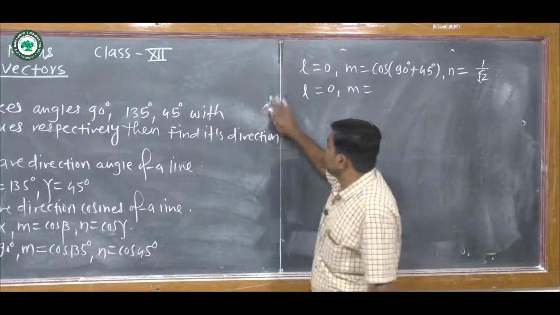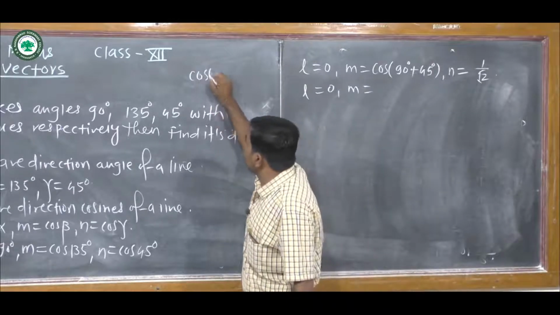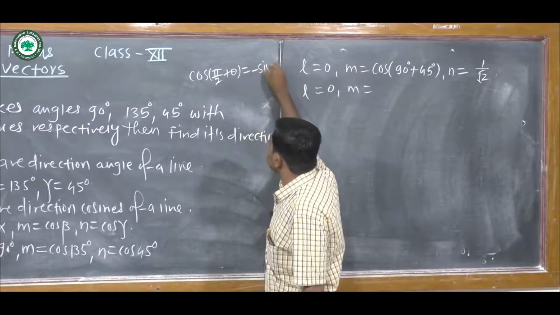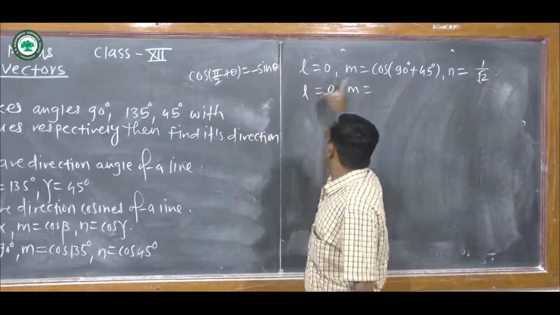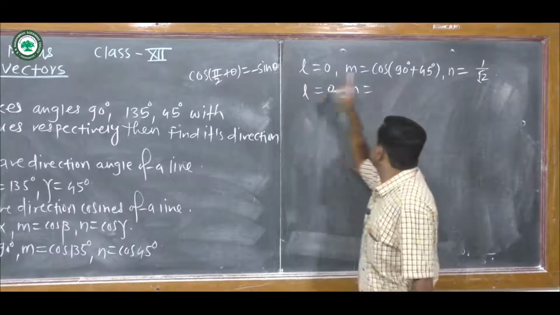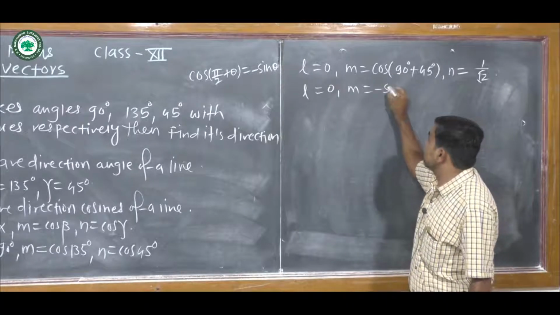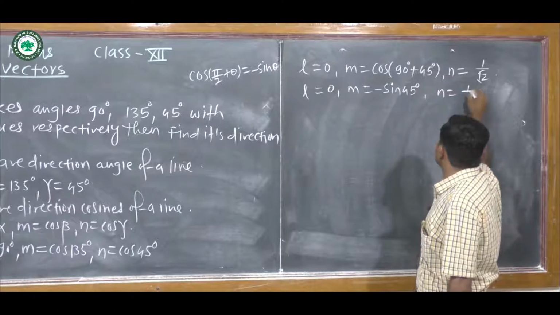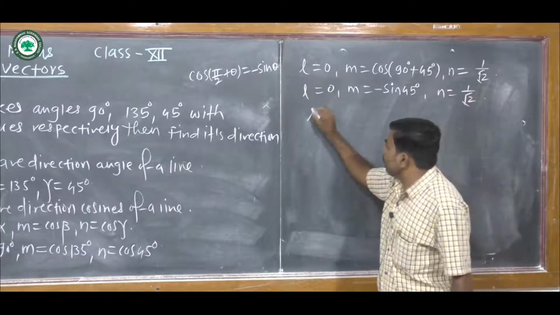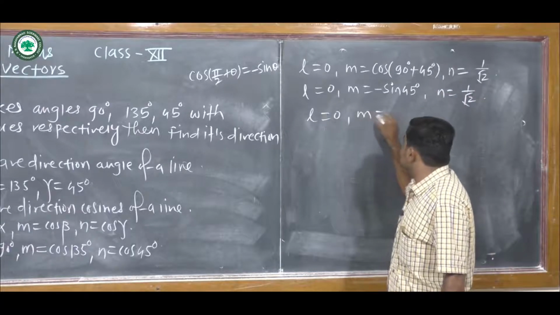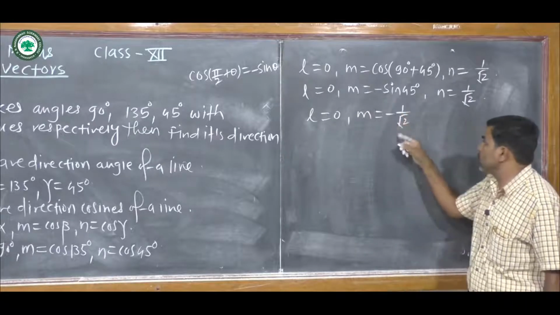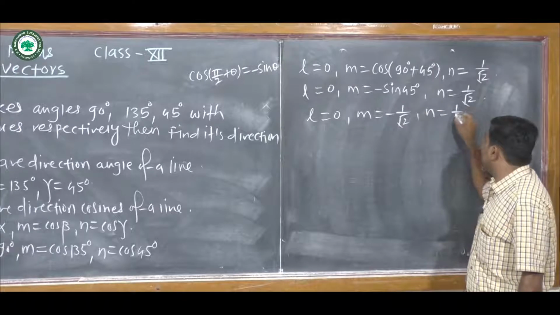We have the formula cos of pi by 2 plus theta is equal to minus sin theta. Here pi by 2 means 90 degree and theta is 45 degree. So it is minus sin of 45 degree and N is equal to 1 upon root 2. So therefore L is equal to 0, M is equal to minus 1 upon root 2 because sin 45 degree is 1 upon root 2, and N is equal to 1 upon root 2.